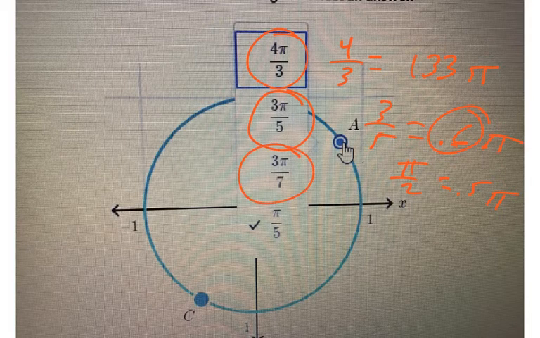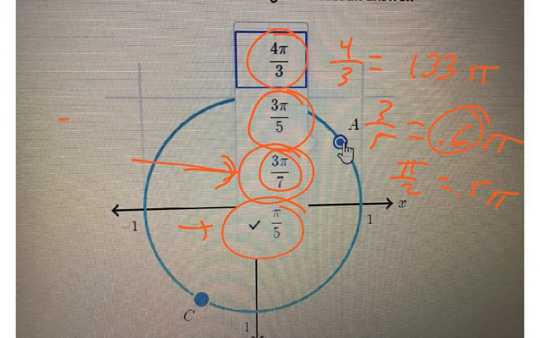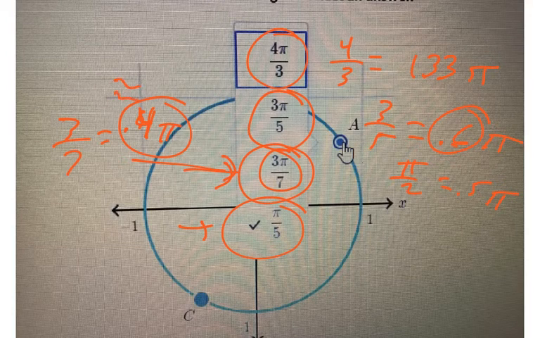So, our only two good choices are this one and this one, but 3 over 7, guys, if you divide that, again, I'm guesstimating here a little bit, but it's definitely smaller. I don't have my calculator with me, but let's say that's around 0.4 something pi. Again, I'm approximating here.